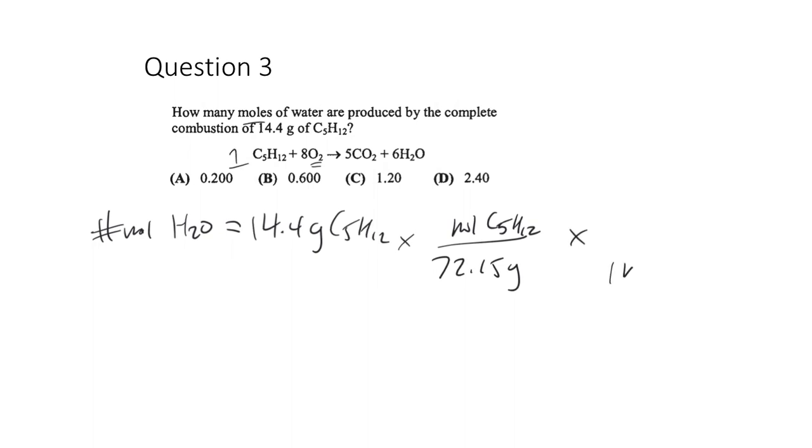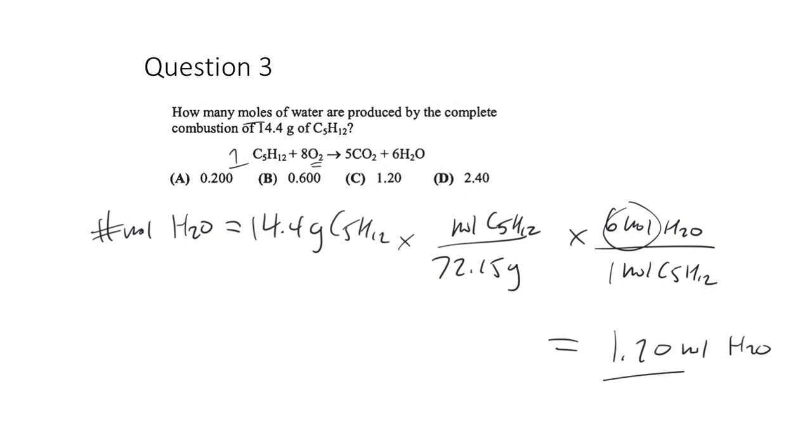For every 1 mole of C5H12 that reacts, we form 6 moles of water, and then we're good to go. We could convert to grams, but it's not asking for grams. And so 14.4 divided by 72.15 times 6 is 1.20 moles of water.